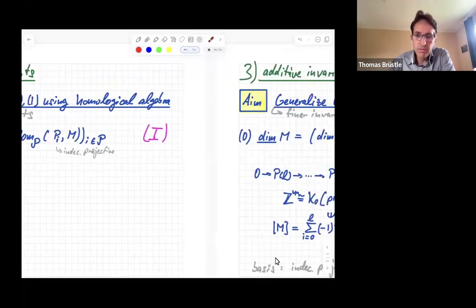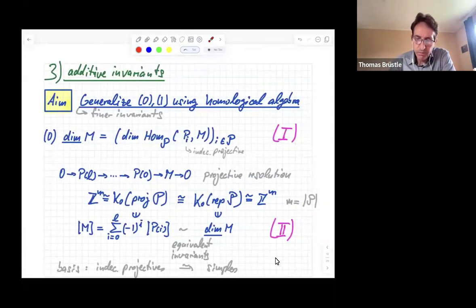And another way would be using real homological algebra. So if you do homological algebra, you would consider, say, I give you a module M and you want to do homological algebra, you would tell me, well, let's compute a projective resolution. I would say a minimal projective resolution of the module, right?